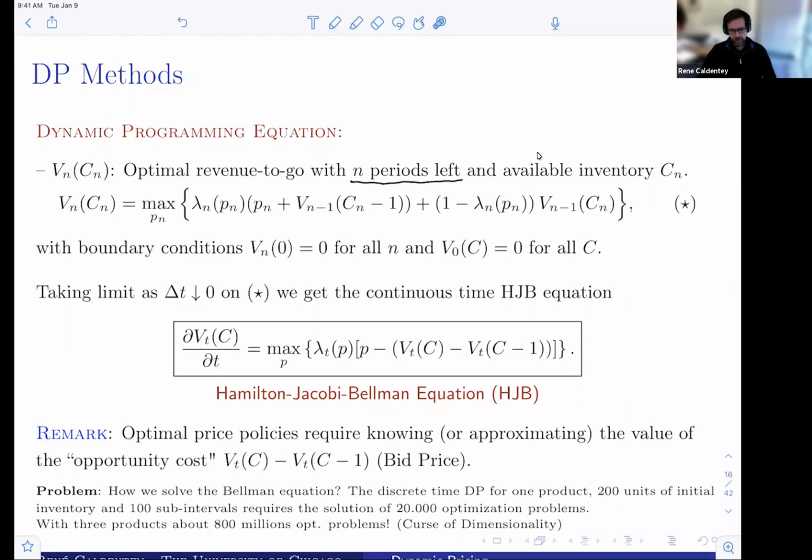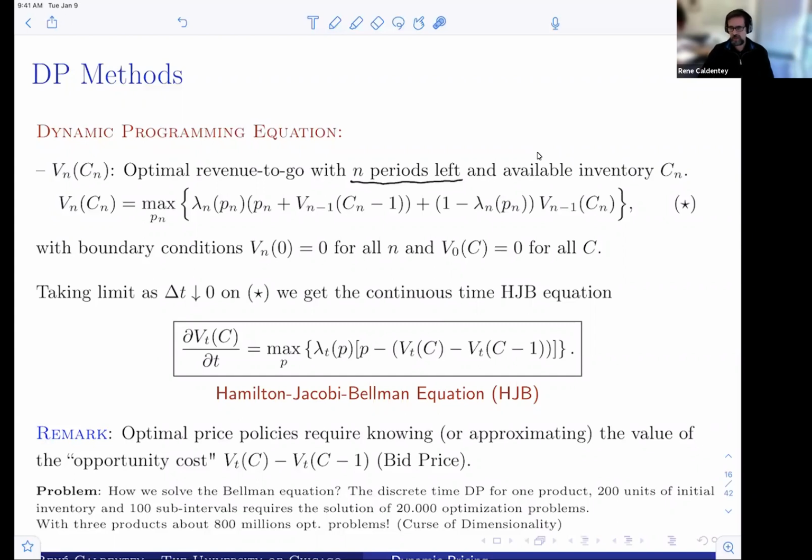But what happens if instead of optimizing the price of 1 product, 1 resource, you have 3 resources? We're not going to do this here, but it's not an unrealistic situation. 3 products that might be substitutes. Well, in that case, with 3 products, you will have to solve more than 800 million optimization problems. So it grows very fast with the number of products that you are selling.